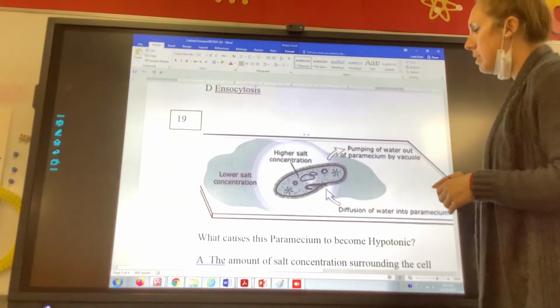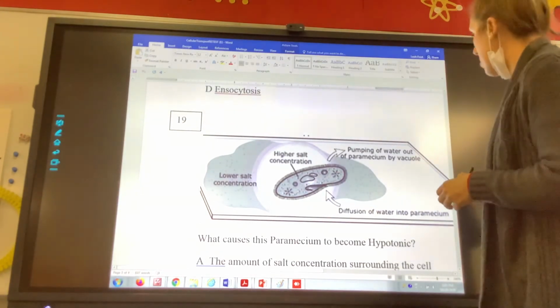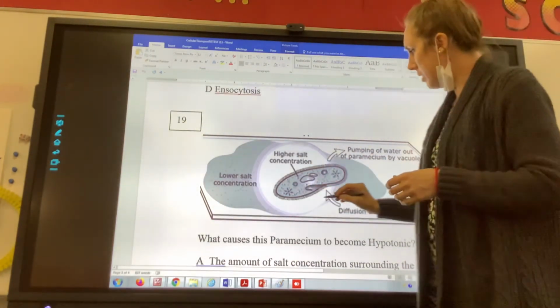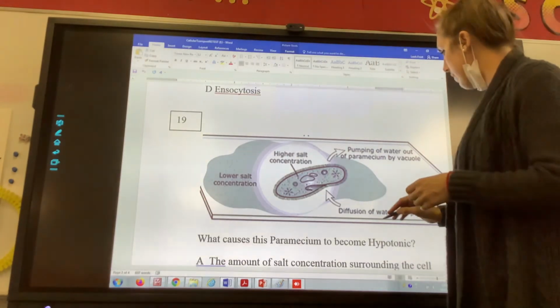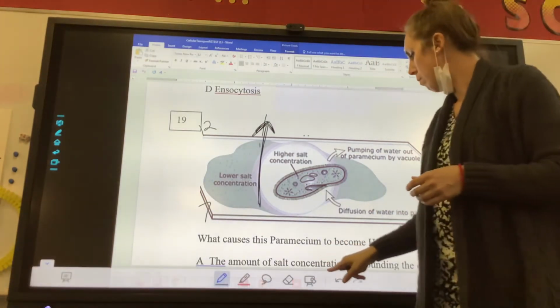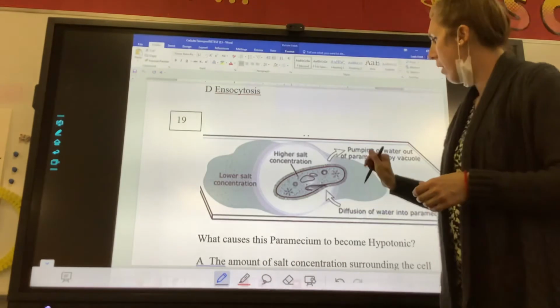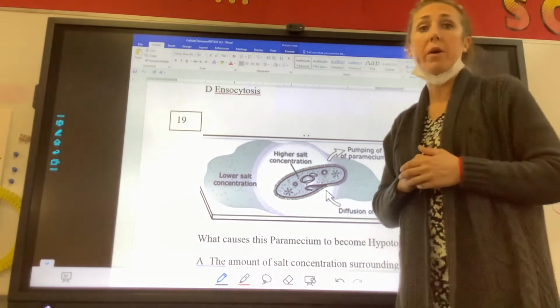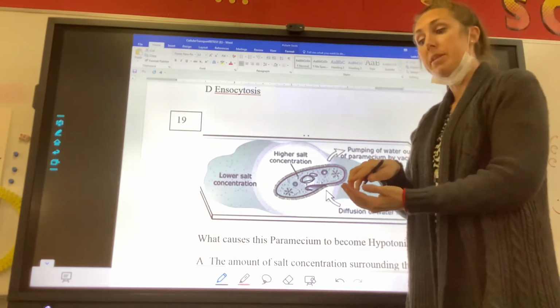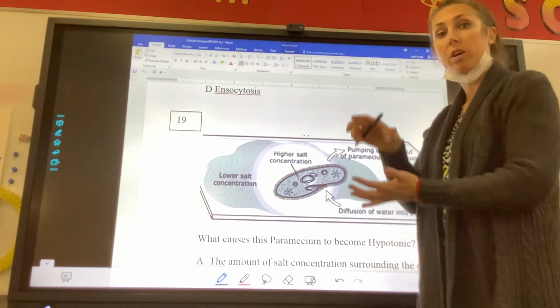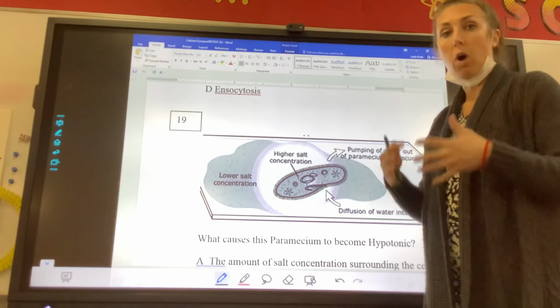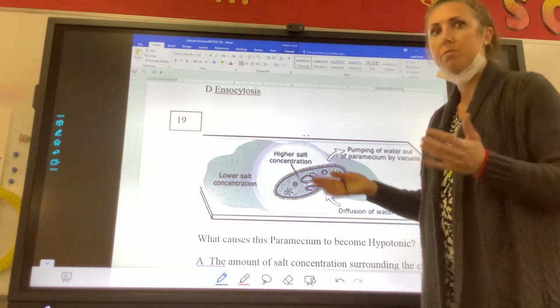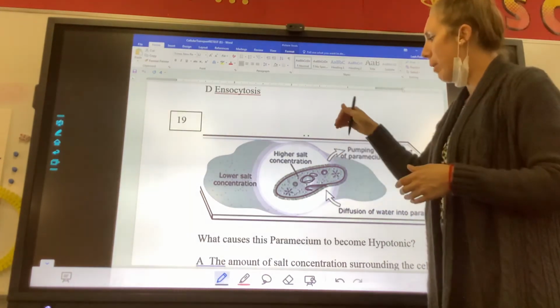Here's the paramecium. This is going to be a question on your test tomorrow. It has a central vacuole. We'll talk about what would make that paramecium and that vacuole expand or contract. Remember, water is the movement through the cell membrane. So why would water want to come in?